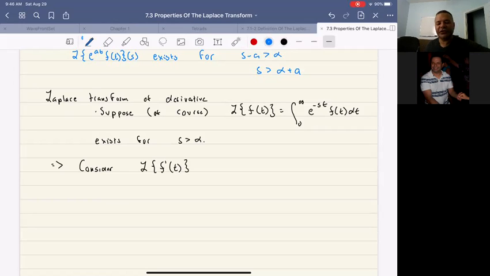Just starting with the derivative, that's going to be the integral from 0 to infinity of e to the negative st f prime of t dt.